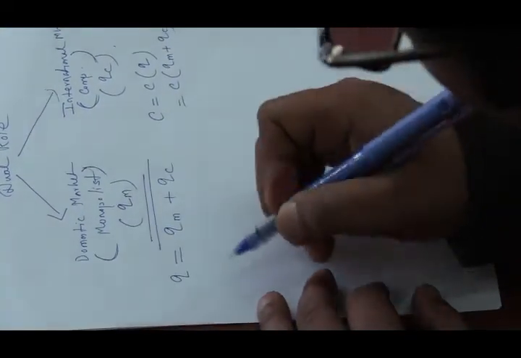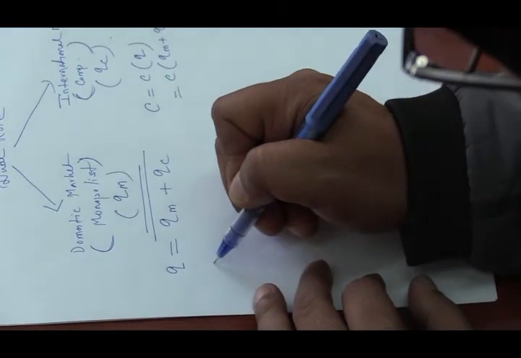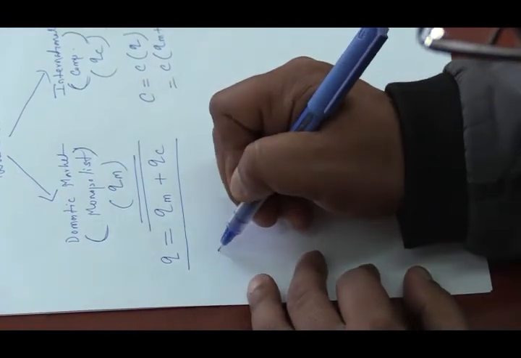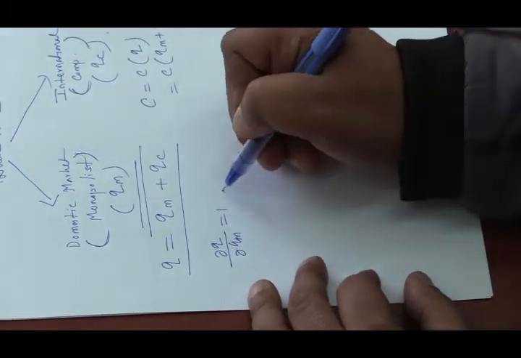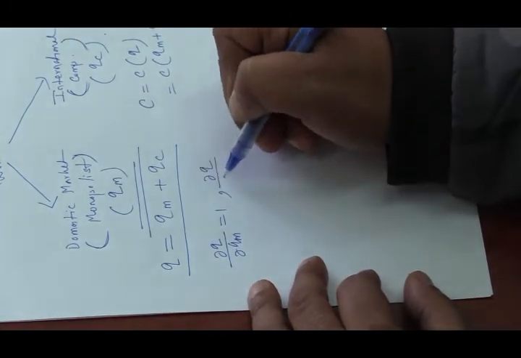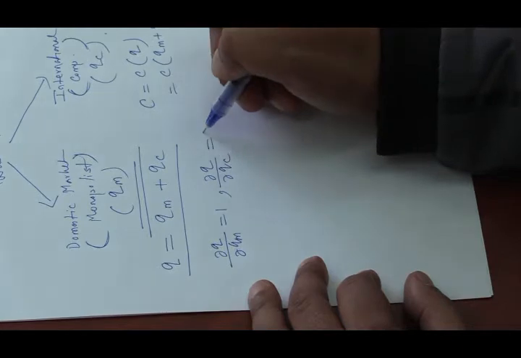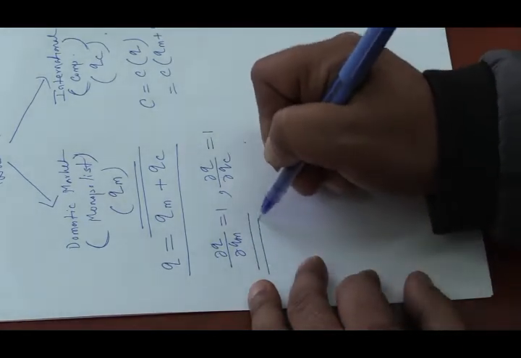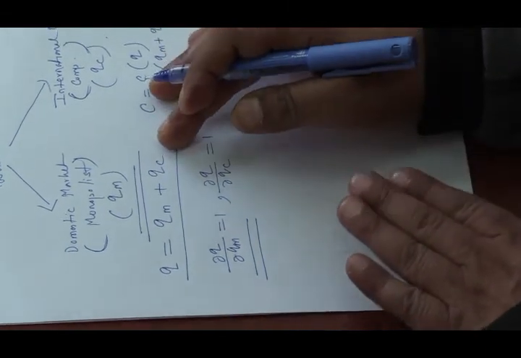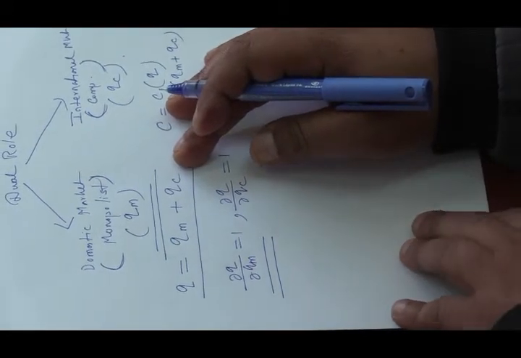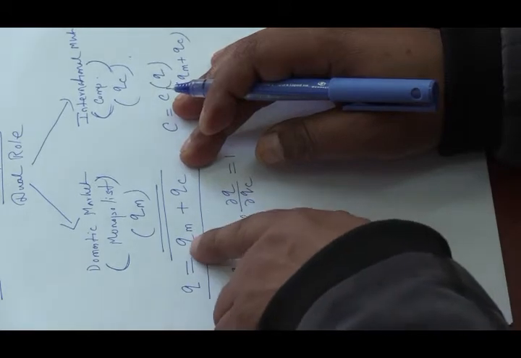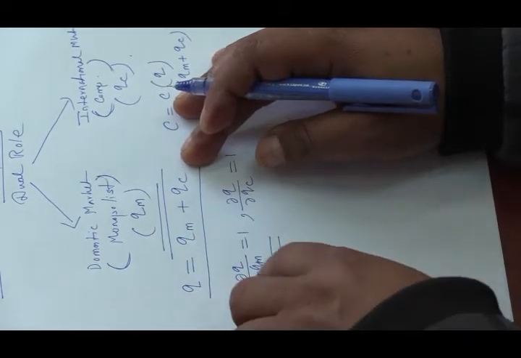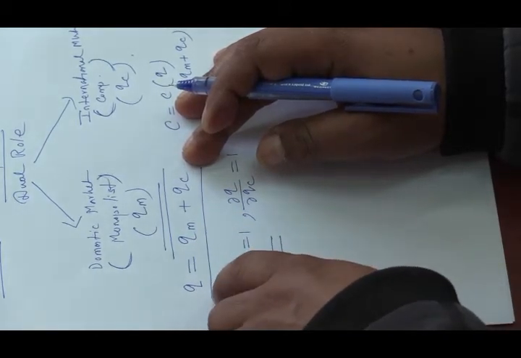One more property is that del Q by del QM equals 1 and del Q by del QC equals 1. That means, given the output sold in market 1, if the monopolist wants to increase the sale in the domestic market by 1 additional unit, he has to produce 1 more unit.